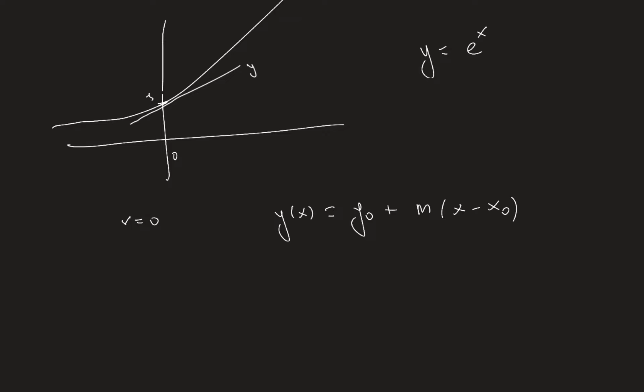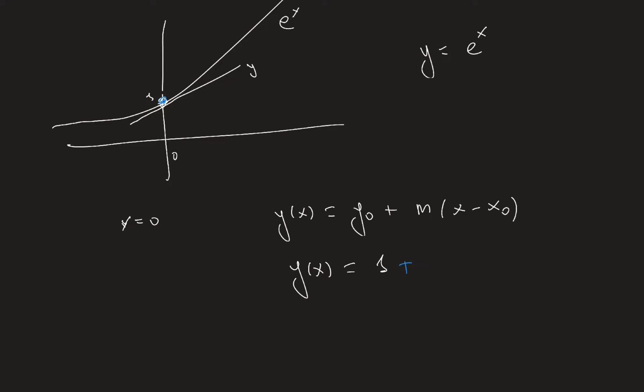So the tangent function to e to the x centered at x equals 0 is y of x equal y of 0, which is 1 here, plus m, the slope, which is the derivative of the function evaluated at x equals 0.